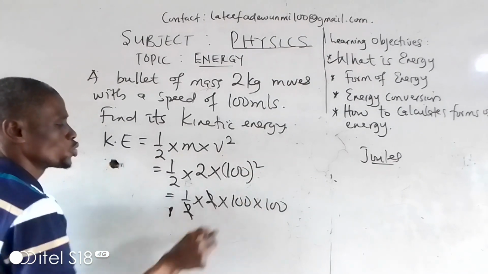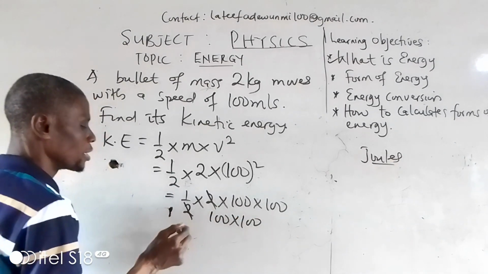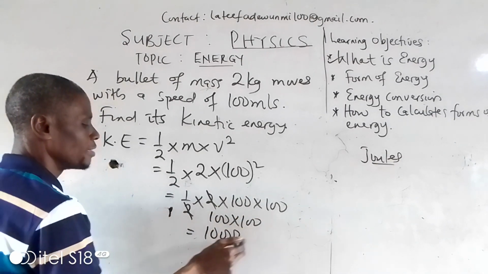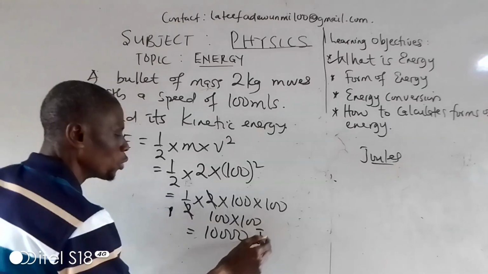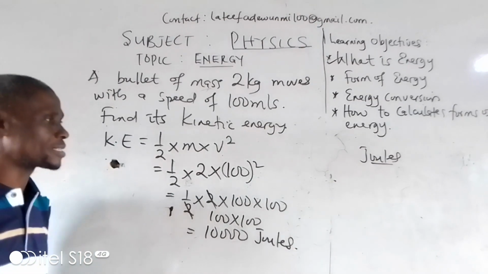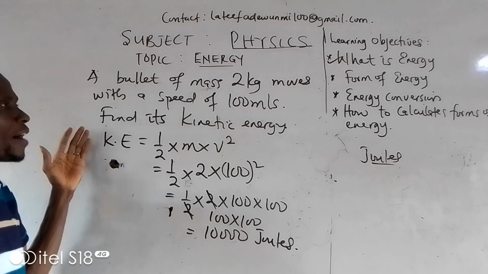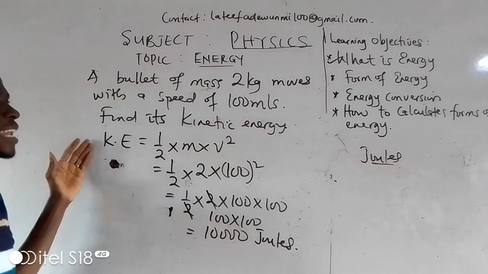So 2 cancels 2. What do we have there? 100 times 100, giving us 10,000. So we are going to have 10,000 joules. That is the kinetic energy of the bullet. So that's how to find the kinetic energy and the potential energy.